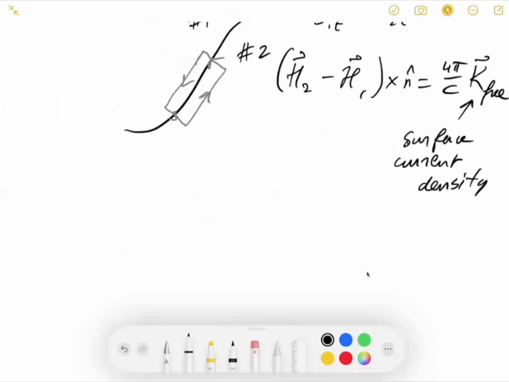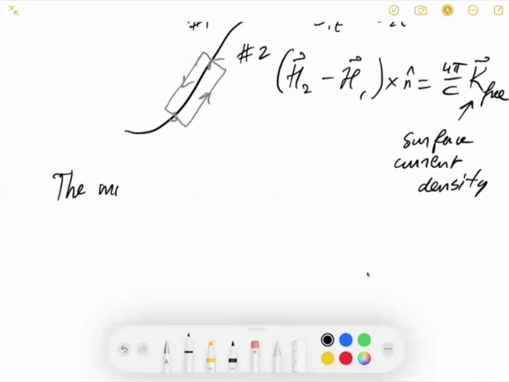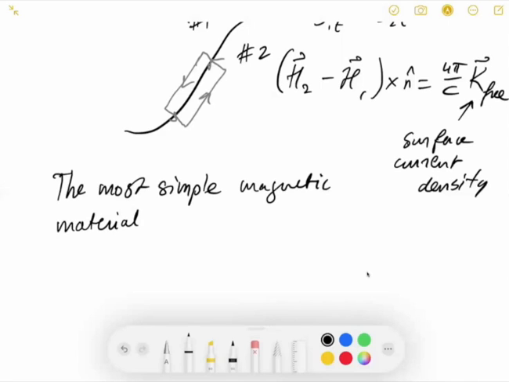Okay, so then the most simple magnetic material is where M is equal to, where's my prefactor?